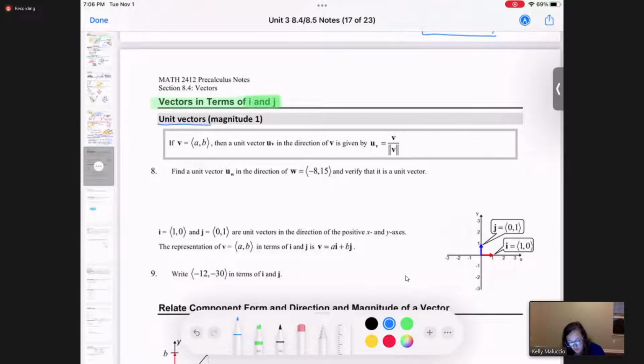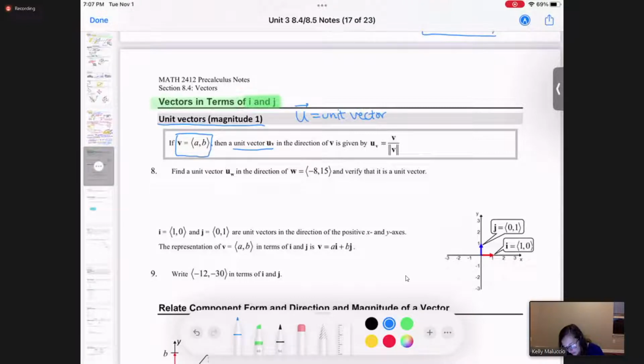So the unit vectors are vectors that have magnitude 1. What is magnitude 1? If I'm given a vector, a unit vector, which we're calling u sub v, whenever you have a subscript, that means you're taking a unit vector of v, in that direction.